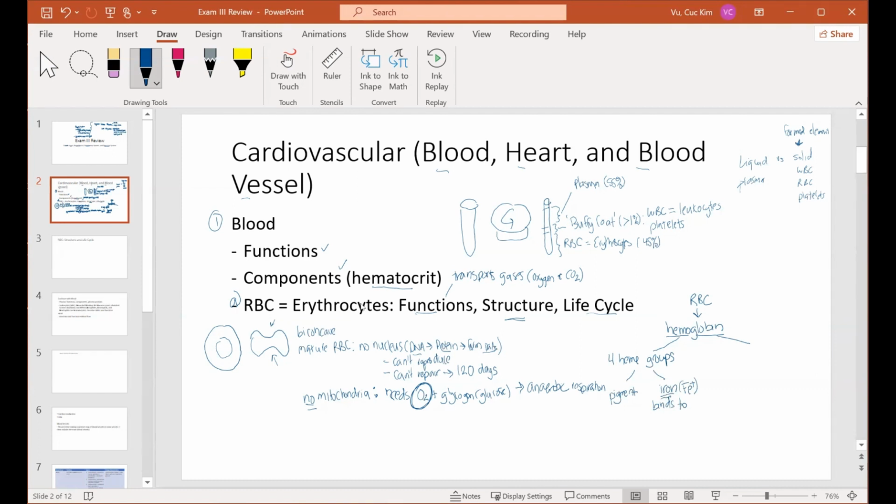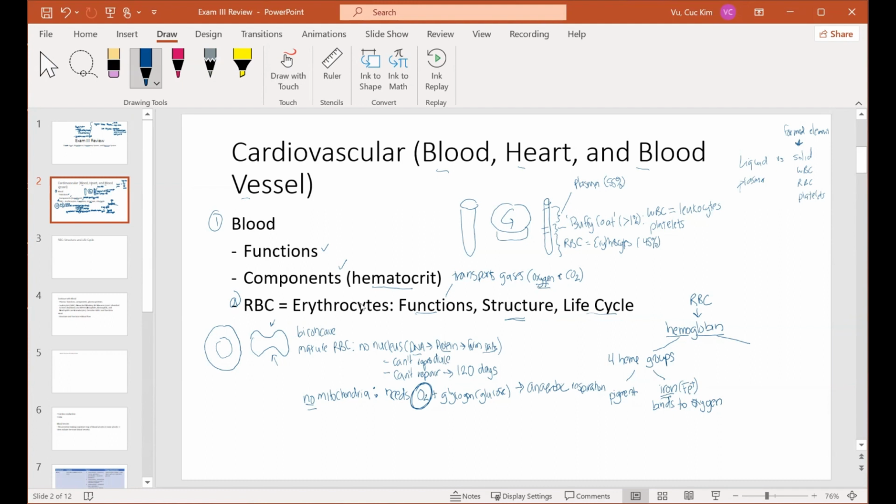The rusting is due to the fact that it goes through a process called oxidation, because metal or iron binds to oxygen. Okay, and that's how red blood cells can carry the gases. It's because the iron on the pigment, which makes the heme groups, carry oxygen.